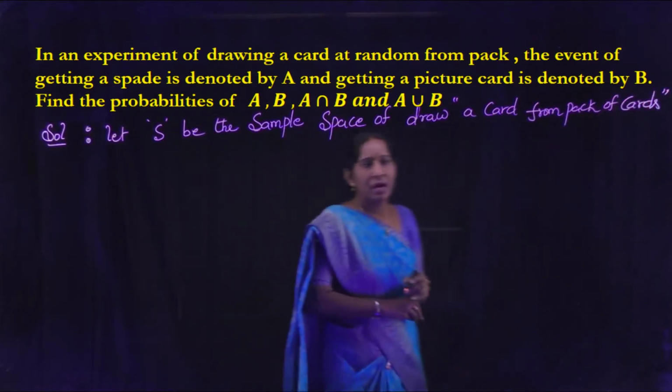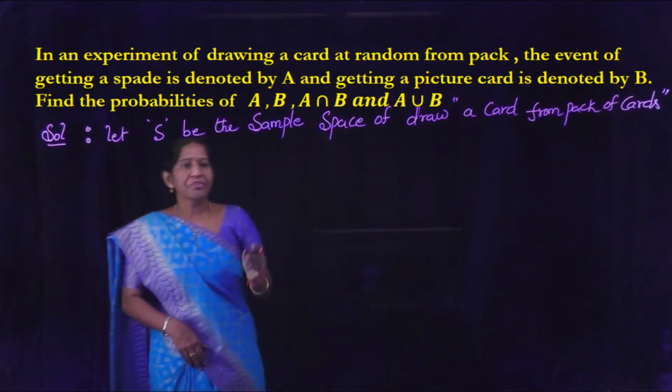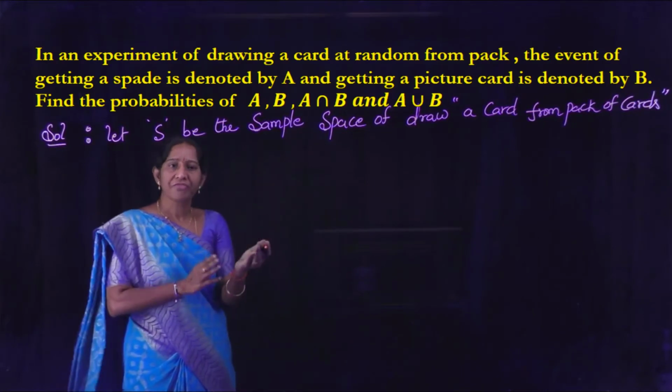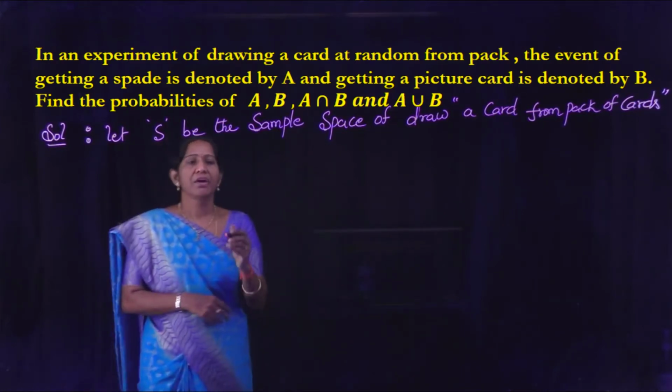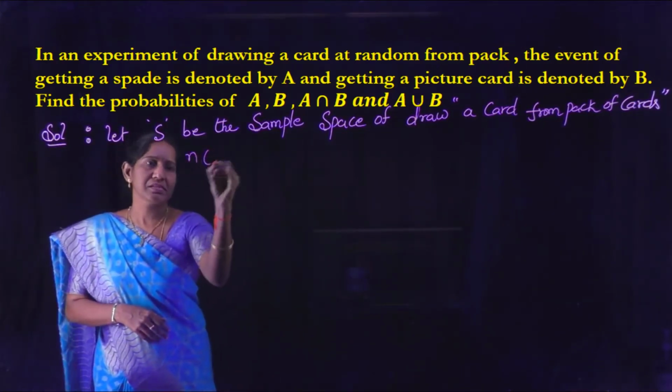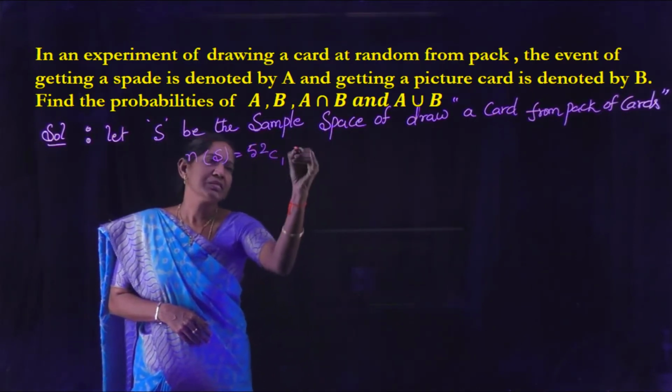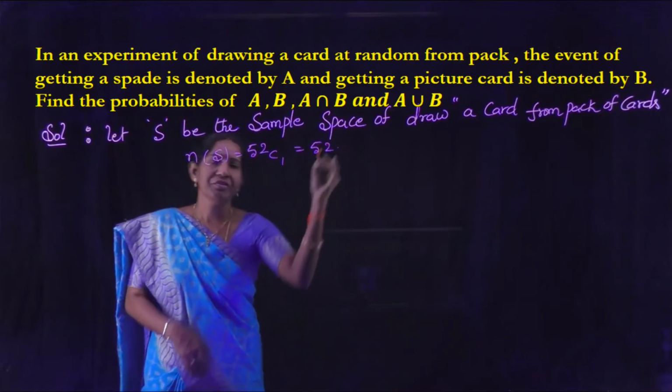Already we know 52 cards are there. So drawing a card out of 52 cards, that is 52 C1 ways. So n of S equal to 52 C1, that is 52.